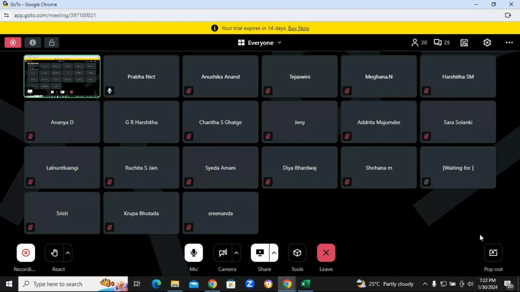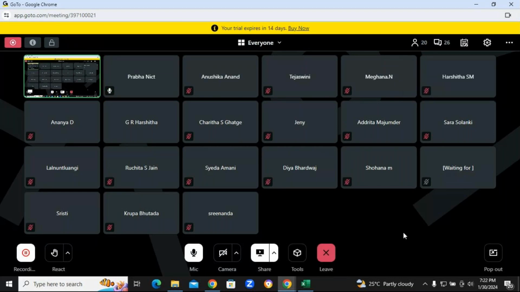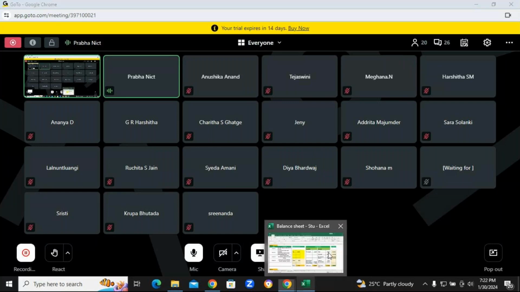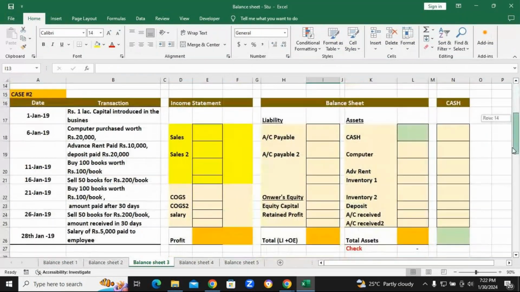Okay, very good. I wanted you to try solving the second sum. If anybody has any doubts related to the second sum, you can get it clarified. So case 2, I wanted you to solve this. I'll give you 5 minutes.